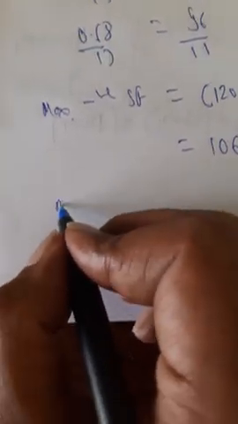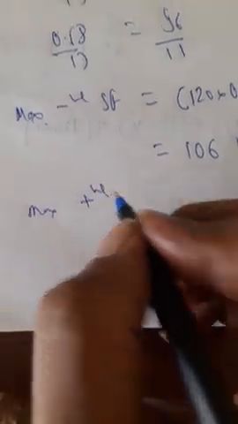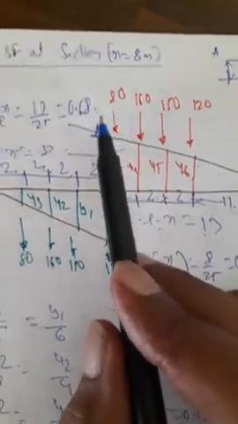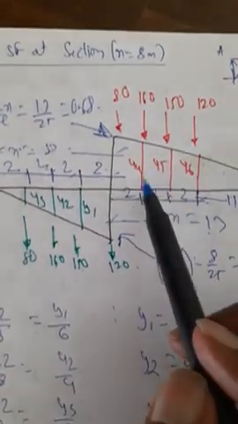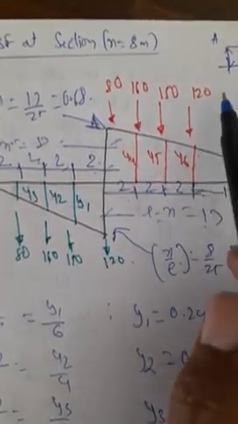Similarly, for maximum positive shear force, these values: 80 into 0.68, 160 into y4, 150 into y5, 120 into y6.